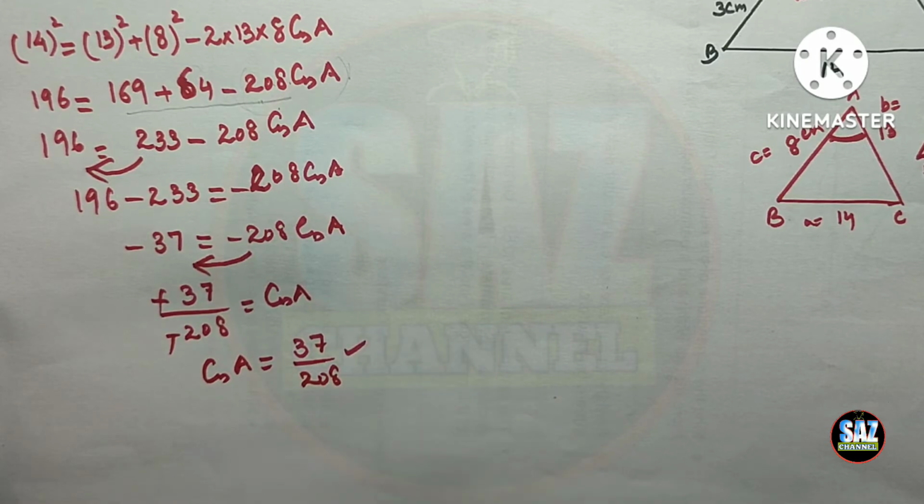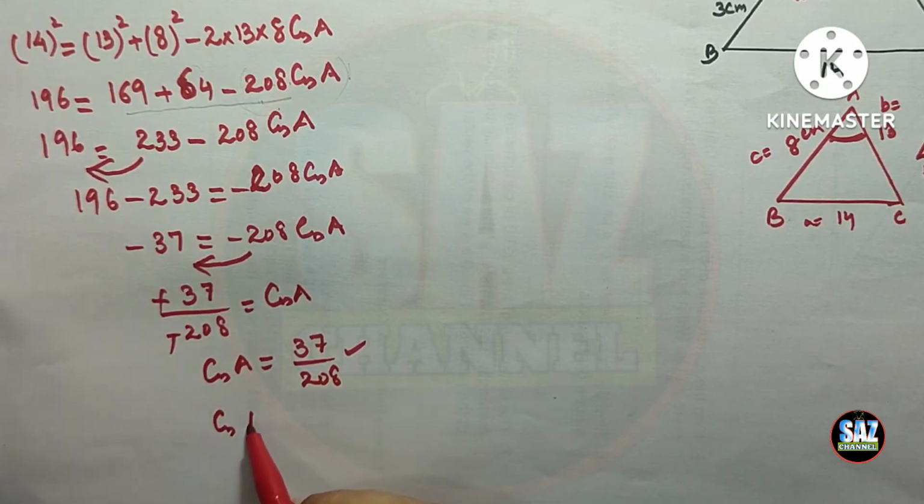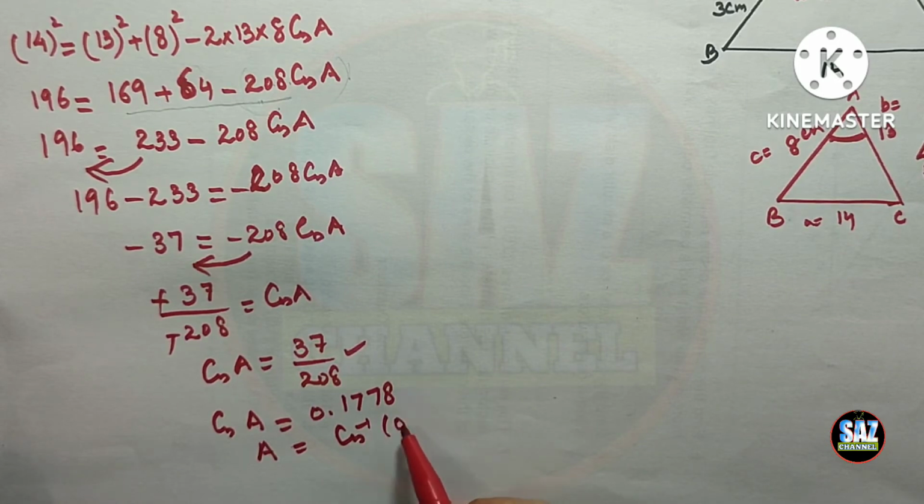Either you can leave your working at this stage, or we can convert it into degrees. 37 divided by 208, cos of angle A equals 0.1778, or A equals cos inverse of 0.1778 in degrees.